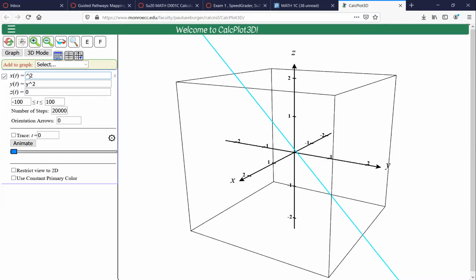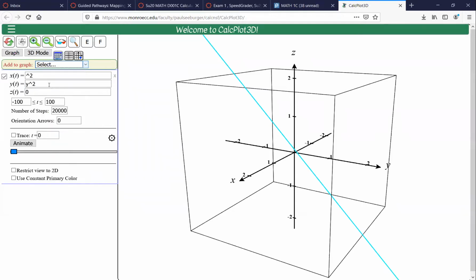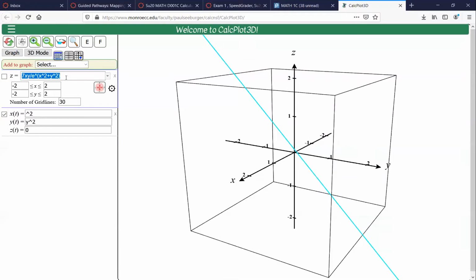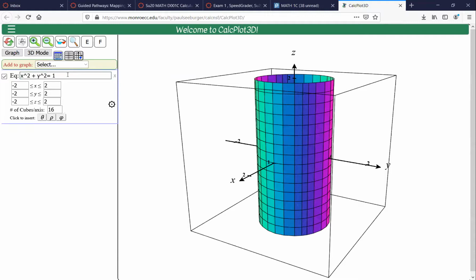Let me use a different graph. x squared plus y squared equals 1, and this is a plus sign. So this is the first one. As you can see, here you have just a cylinder.